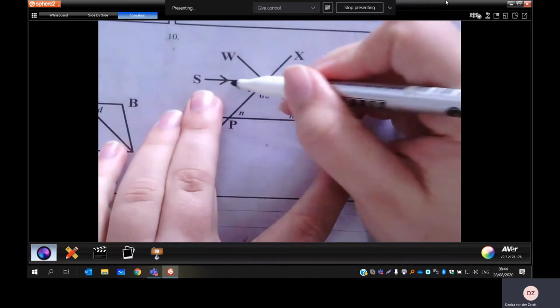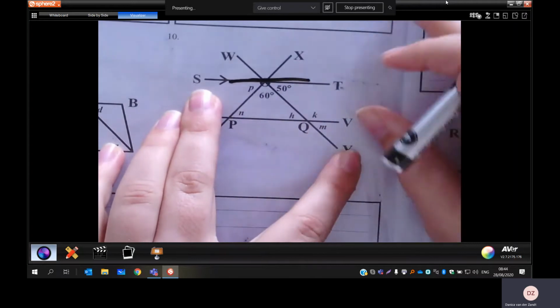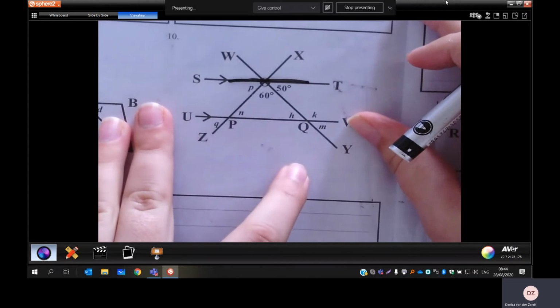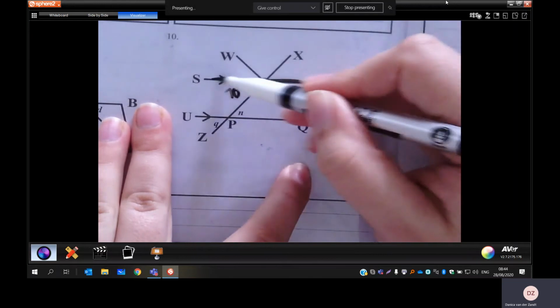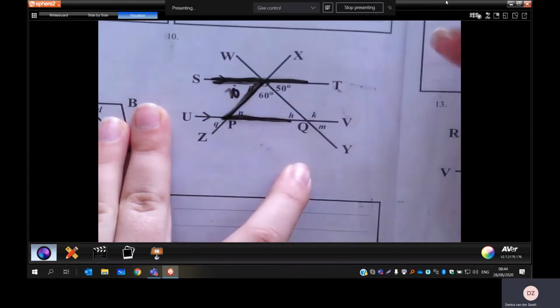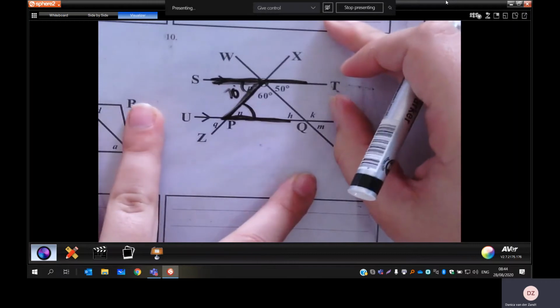The first one that I did was P because it was on a straight line, so it was quite easy to do. P plus 60 plus 50 gives me 180 degrees. So 180 minus 50 minus 60 equals 70 degrees. Then I saw that I had a Z here, so N is equal to 70 degrees as well, because alternate angles are equal.